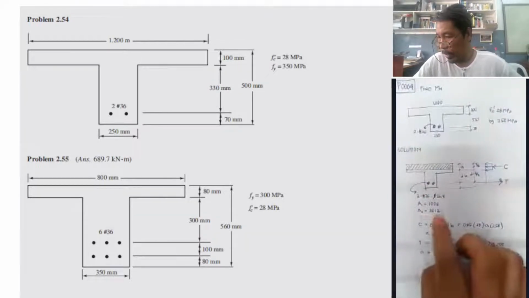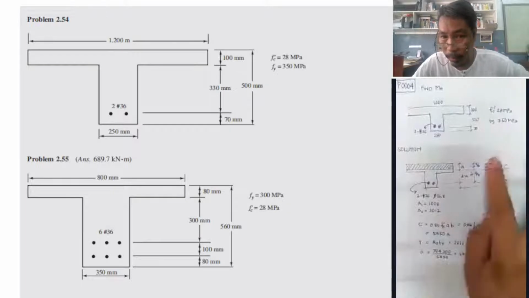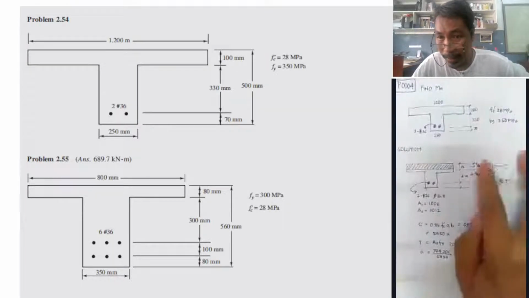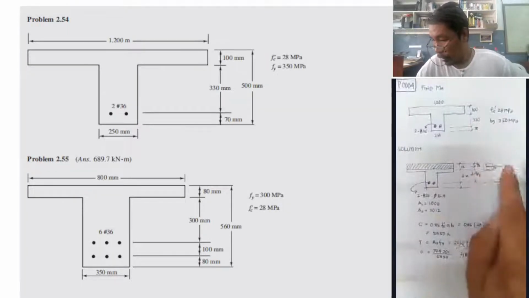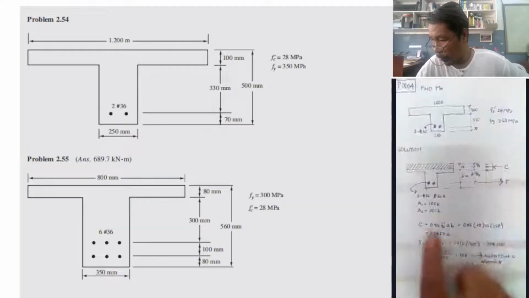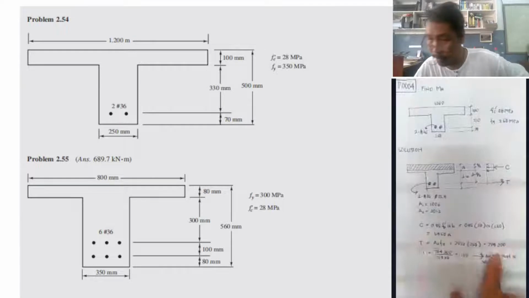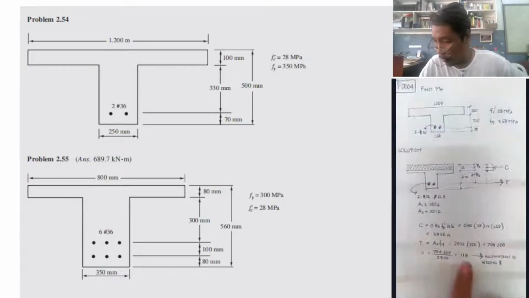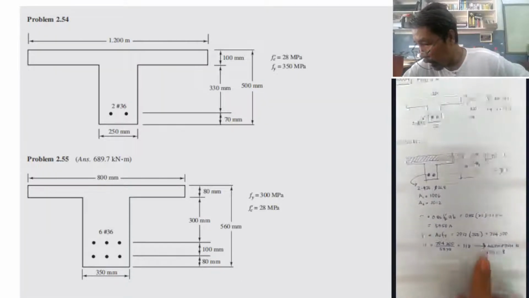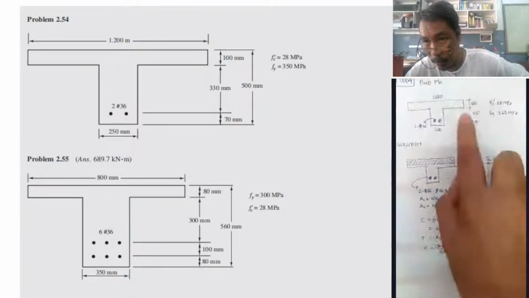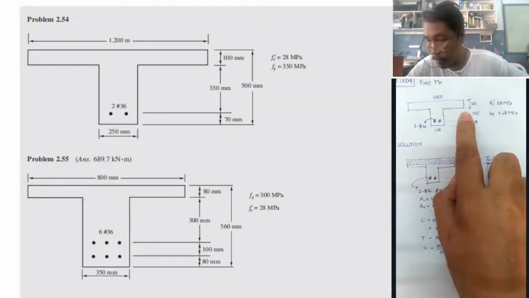We have the model for the stress diagram. After computing, we found out that A is equal to 180. This is what I was saying a while ago. This is wrong because the thickness of the flange is only 100.